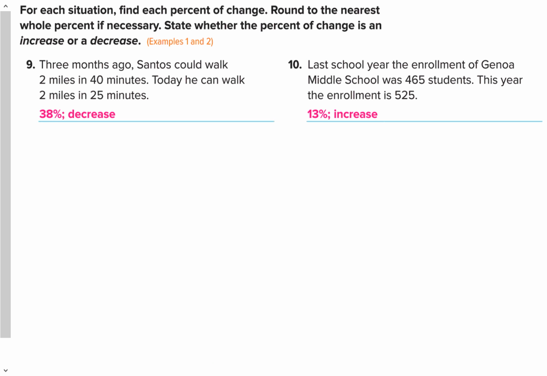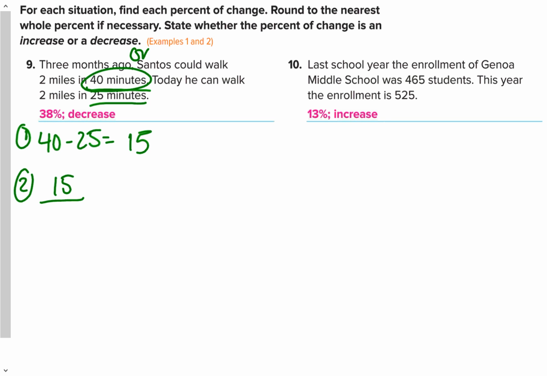Here are our last two examples. 3 months ago, Santos could walk 2 miles in 40 minutes. Now he can only do it in 25 minutes. So find the change. Okay, so again, we're going to say 40 minus 25, and that's 15. So that basically means that he changed 15 minutes. So we're going to set up 15 over our original, which was 40 minutes, and that's going to equal 0.375.